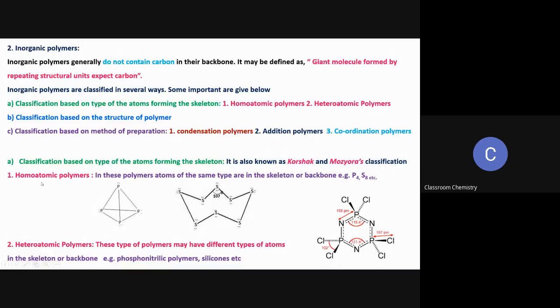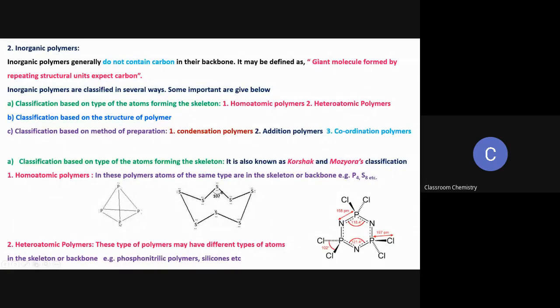So if you see homoatomic polymers, in these polymers, atoms of the same type form the skeleton or backbone. For example, P4, that is tetraphosphorus, and S8, octasulfur. So in that, four phosphorus atoms are arranged together, with one atom of phosphorus considered the monomer.